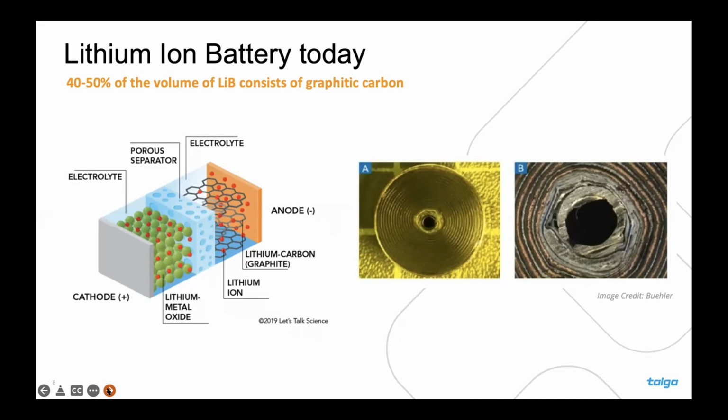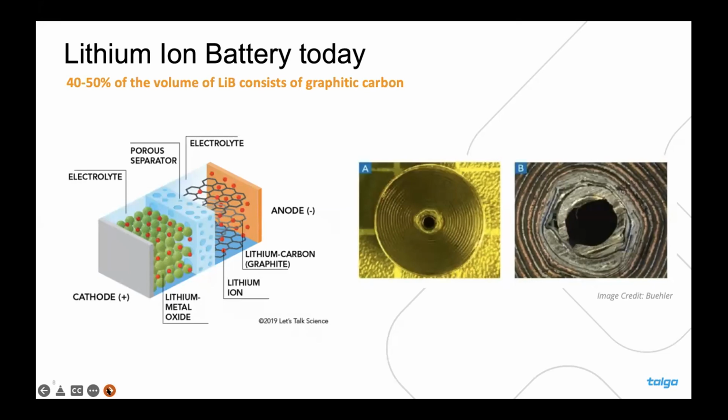On the anode side, which is the negative electrode, you have a copper film that is coated with graphite. In the middle, you have your separator that prevents a short circuit but allows ions to pass through, and lithium is what moves from anode to cathode as you're charging and discharging your battery. So in your electrolyte, you have those lithium salts.